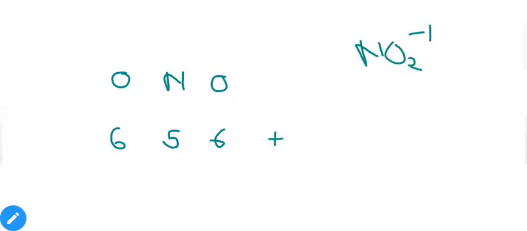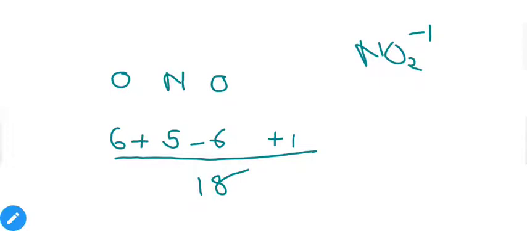As we know, we have a total of 6 valence electrons in oxygen, in nitrogen we have 5, in the second oxygen again we have 6, and because NO2 carries a minus 1 charge, we will add 1 more electron, so that you will get a total of 18 electrons. And now we have to arrange 18 electrons around these three elements.